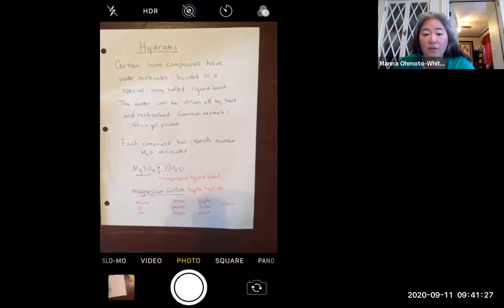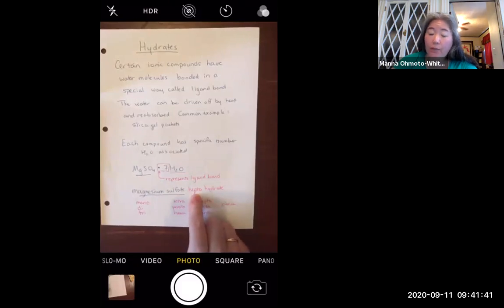In naming, I name the first part just as I normally do. This is magnesium sulfate. Then I represent the added waters by writing the Greek prefix for the number: 7 is hepta, and then hydrate.